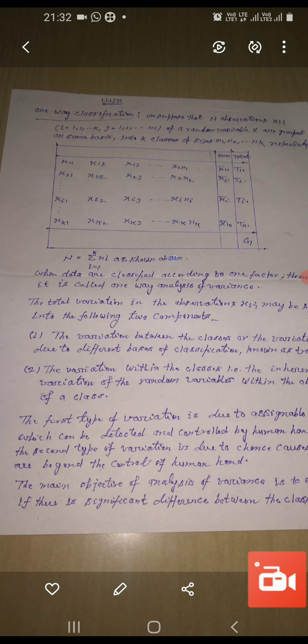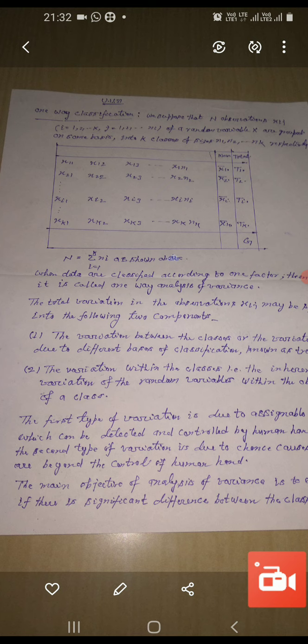Lastly, xi1, xi2, xi3 and so on, xi and ni, and so on, xk1, xk2, xk3, xk and nk.